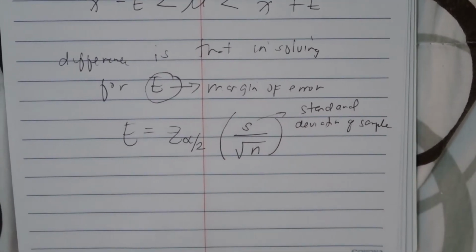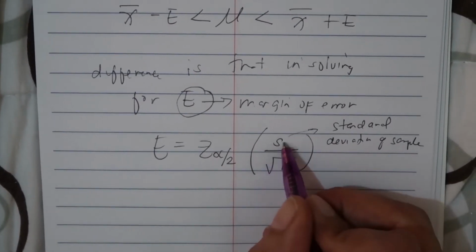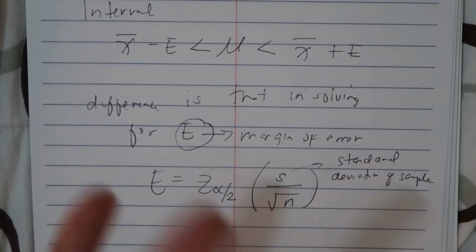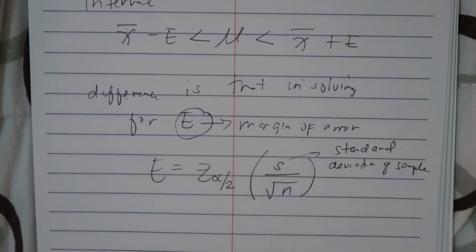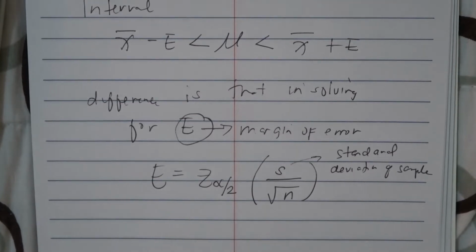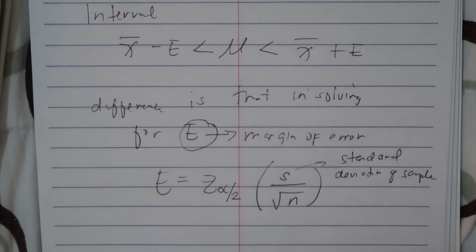So that's the only difference. In your second condition, you're using the standard deviation of the sample. In the first condition, the first example a while ago, your standard deviation is of the population. In the second condition, your standard deviation is of the sample. Okay?